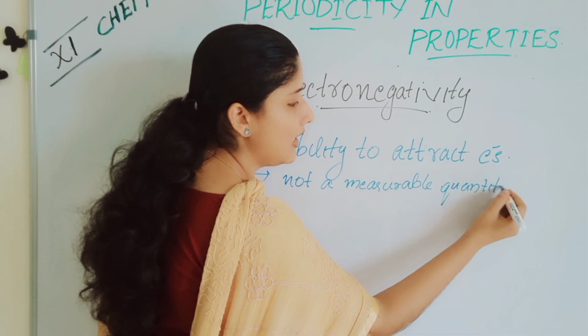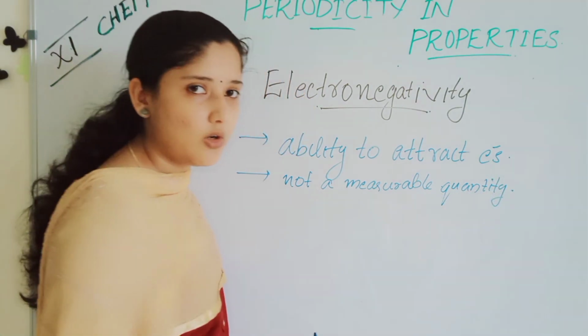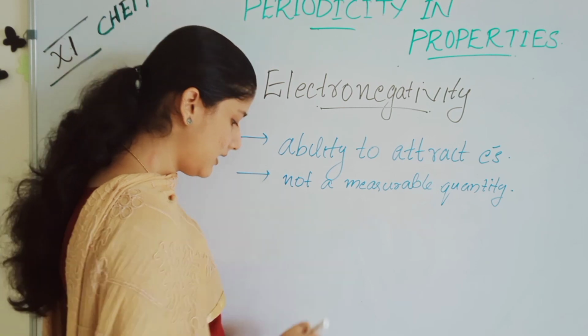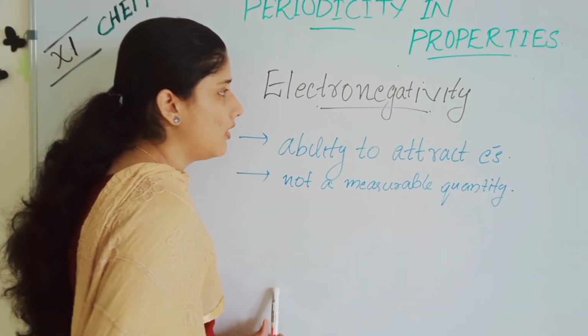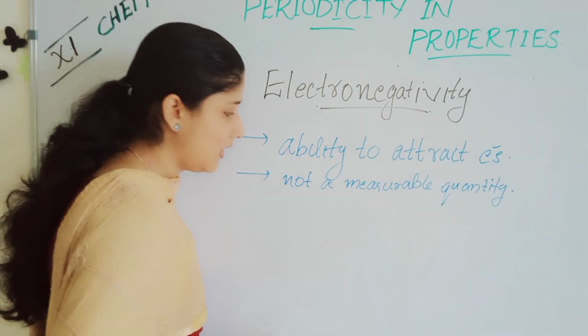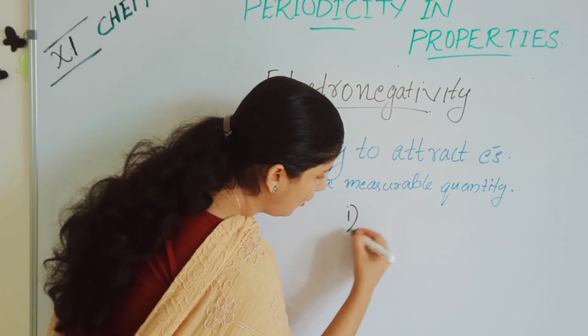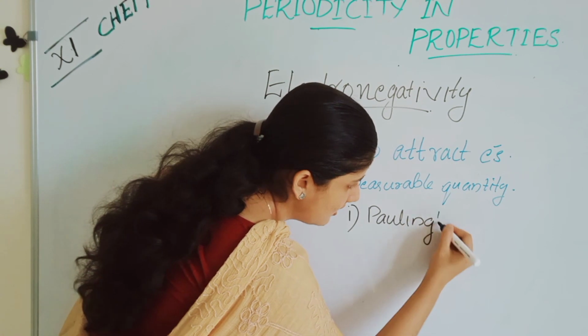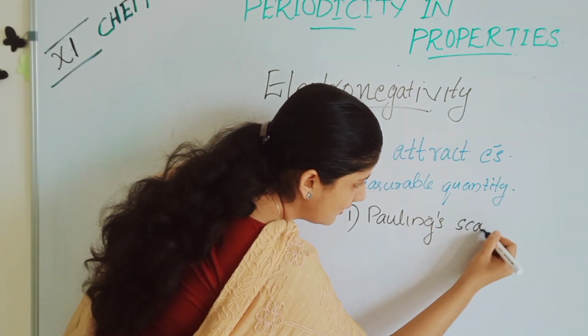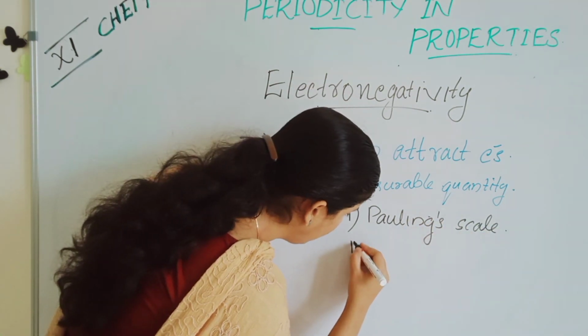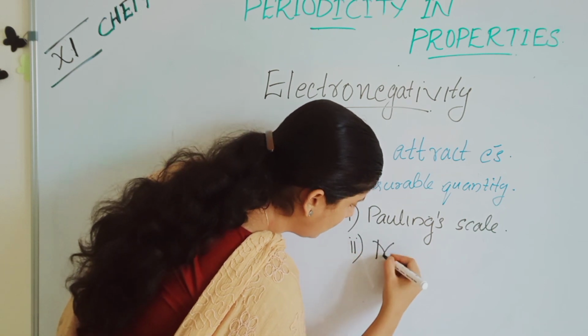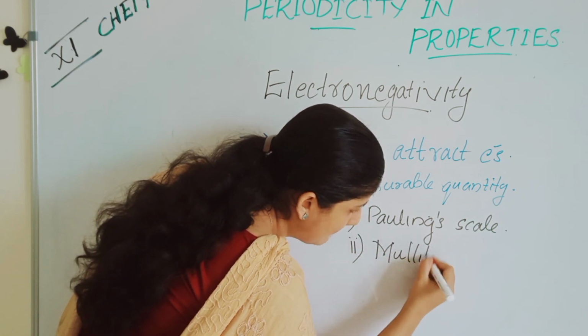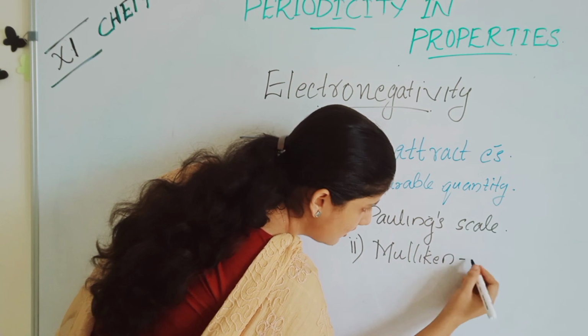There are many scales that we use to measure electronegativity. The first scale that we are going to study is the Pauling scale. This is the name of a scientist. The second one is the Mulliken scale, which is also the name of a scientist.